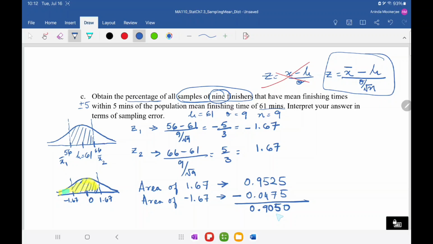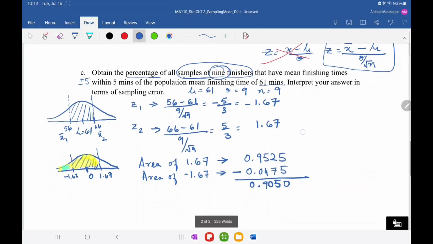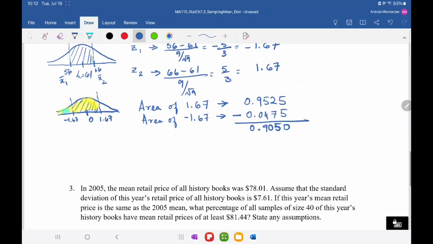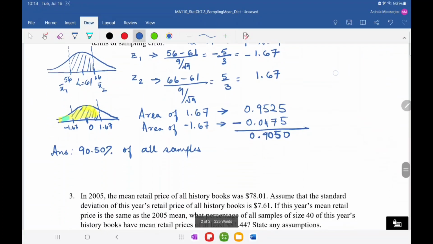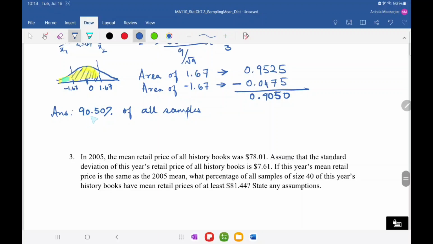All right, so you're going to interpret it saying, I'm going to write the interpretation and come back and read through it. So you're going to phrase it as 90.50% because the question asked you to find the percentage of all samples of 9 finishers. So 90.50% of all samples of size.